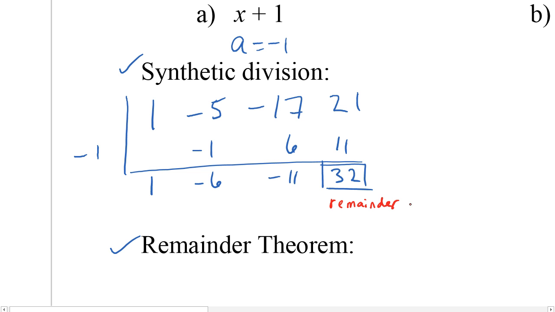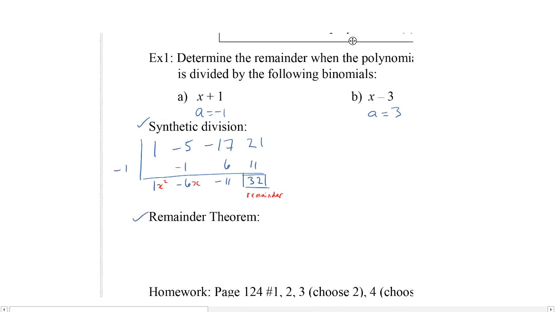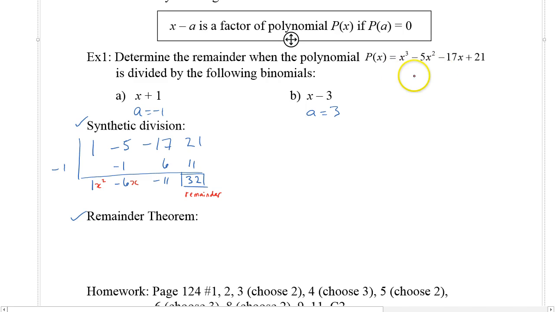This gives me additional information. It also tells me what my quotient is: x squared minus 6x minus 11 with a remainder of 32. So how does the remainder theorem work? Going back to my original polynomial, I'm going to rewrite it here.